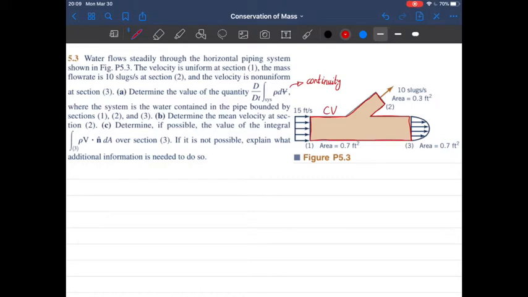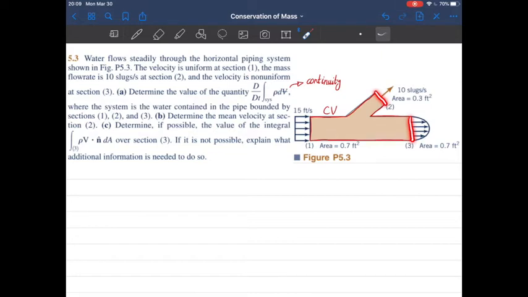So on surface 1, water flows in steadily. And on surfaces 2 and 3, water goes out of the control volume in the same manner, which is steady.